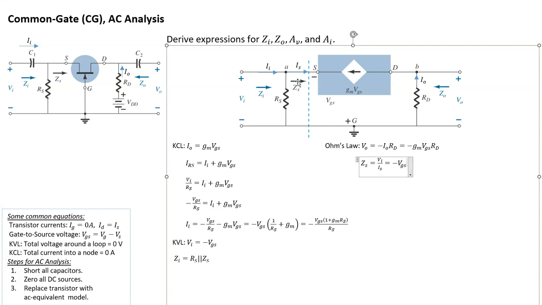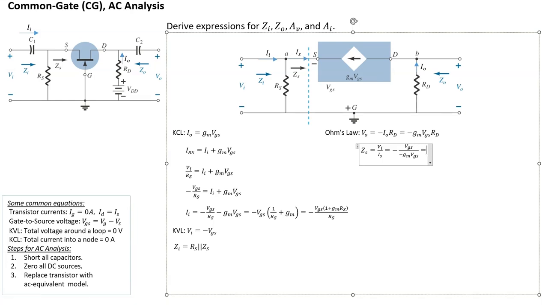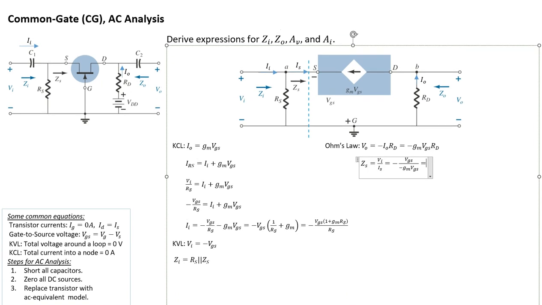Well, IS is the same current that is GM VGS. It's just that it's on the same node, so it's in the opposite direction. Therefore, IS is simply negative GM VGS. So the negative cancels out, and VGS also cancels out. What's left is just 1 over GM.